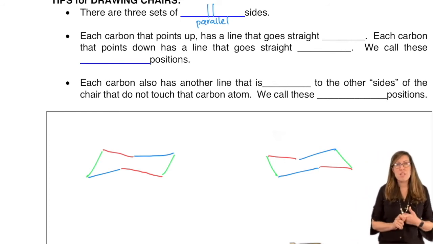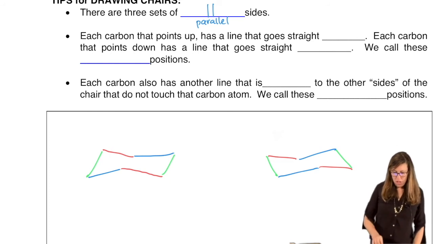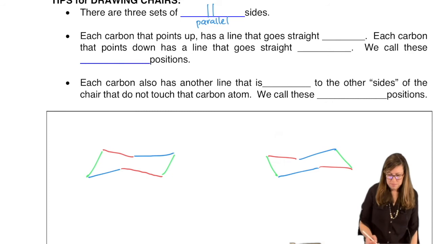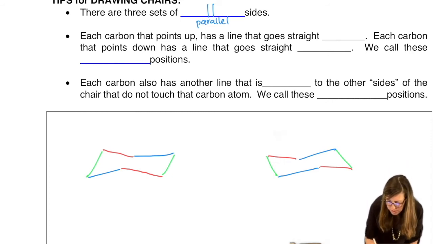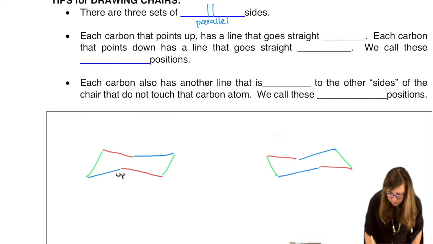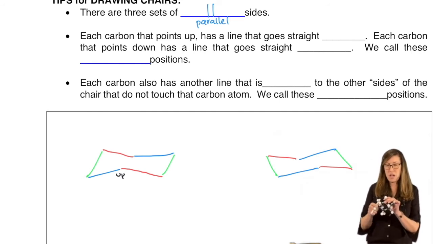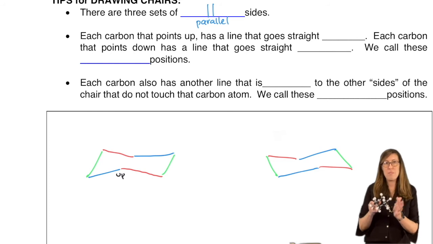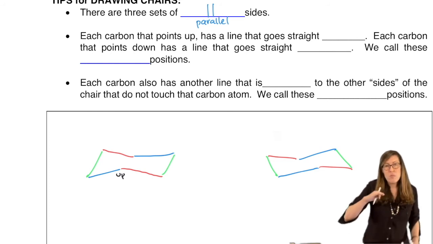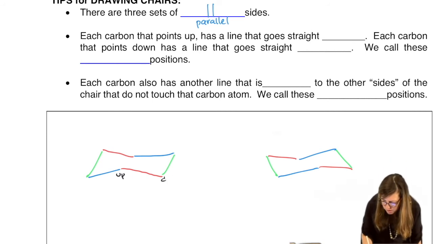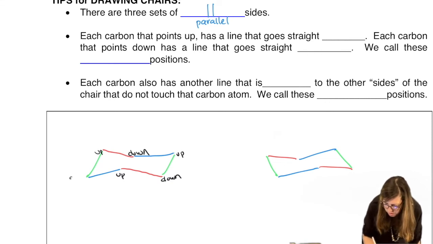Okay, take a minute to note on your model that there's carbons pointing up and down, and try to translate that to the chair. So I'm going to label these. Up carbon, down carbon. Up carbon, down carbon. Up carbon, down carbon. With respect to a plane that's there, right? Up, down, up, down, up, down.